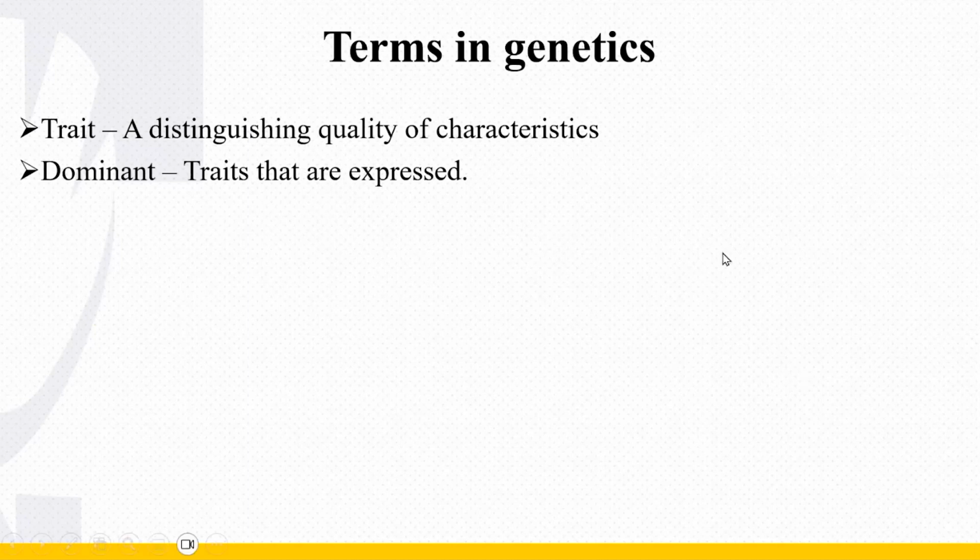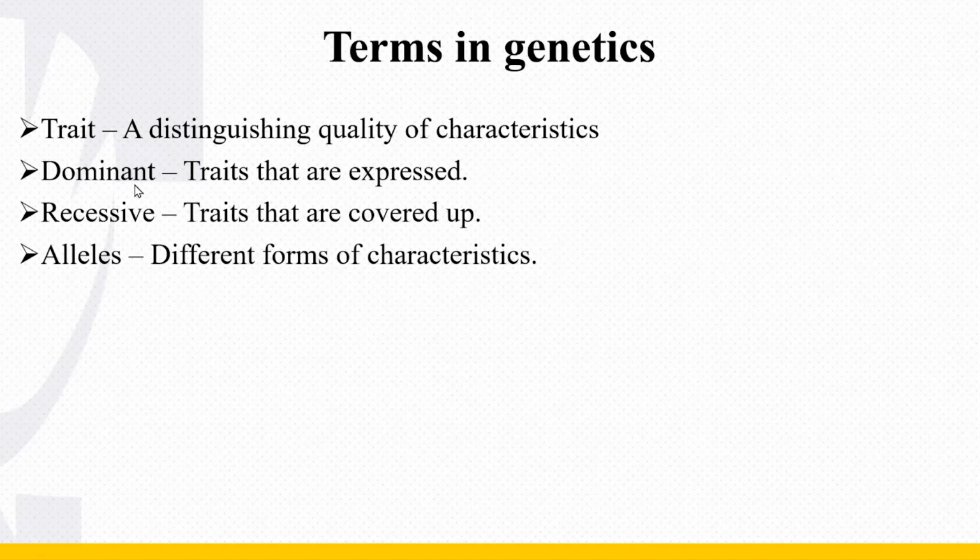We have dominant, and this is going to be the trait that is expressed. This is the big A. We have big A and little a. And so recessive is going to be the little a. And previously we talked about alleles, so different forms of that characteristic.